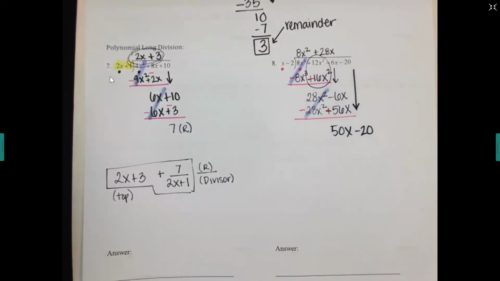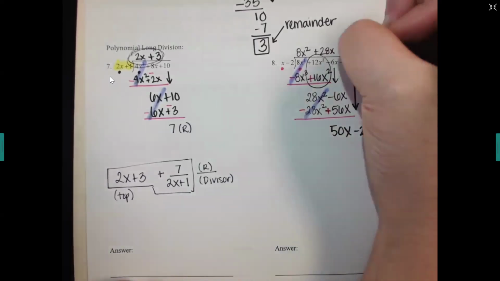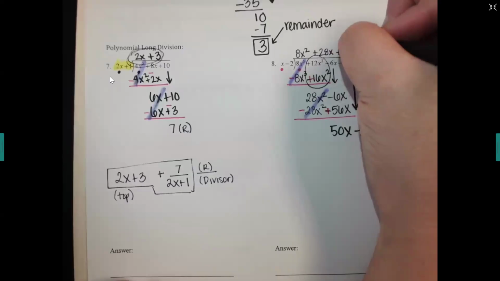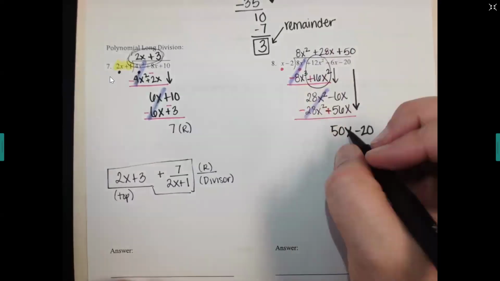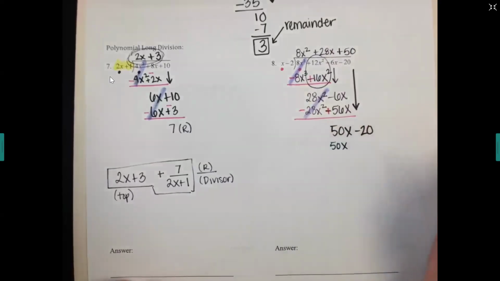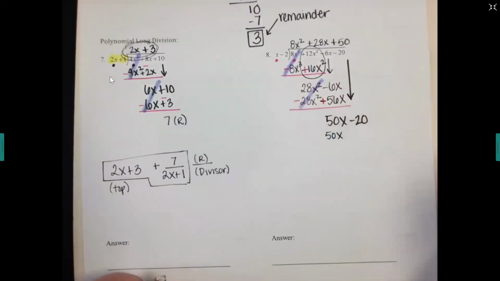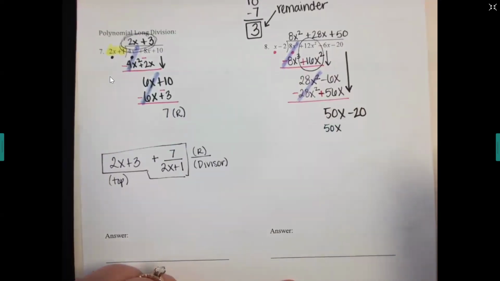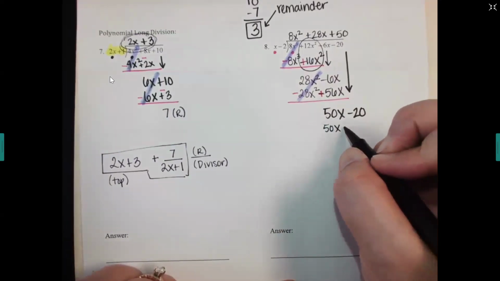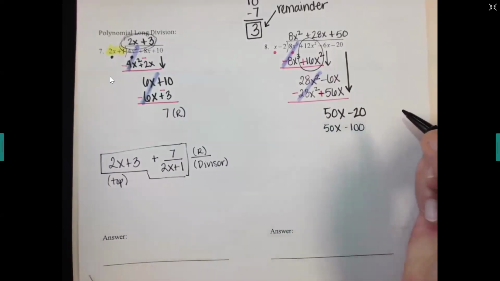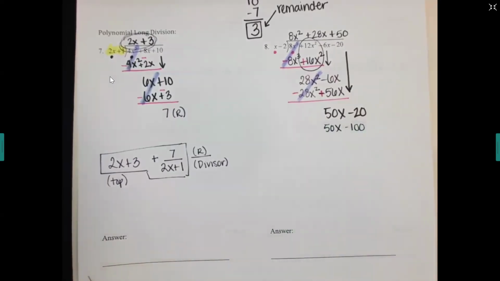And then I have to ask myself, this is an x. I need it to perfectly match a 50x. What do I need to times it by? 50. Just the 50. Then 50 times x is 50x. What about 50 times minus 2? Negative 100, but then remember, I'm going to come through that row and swap all the signs.